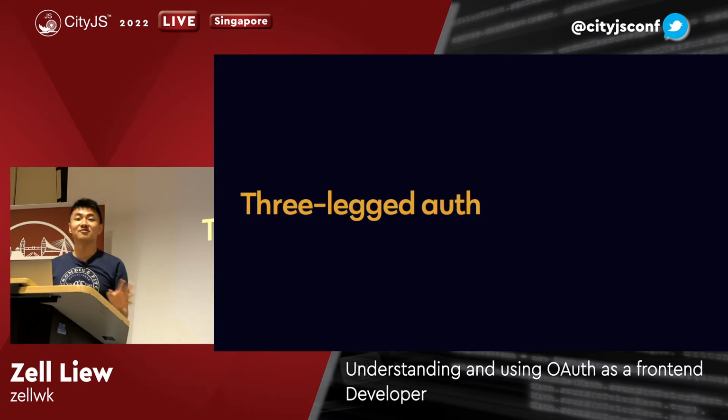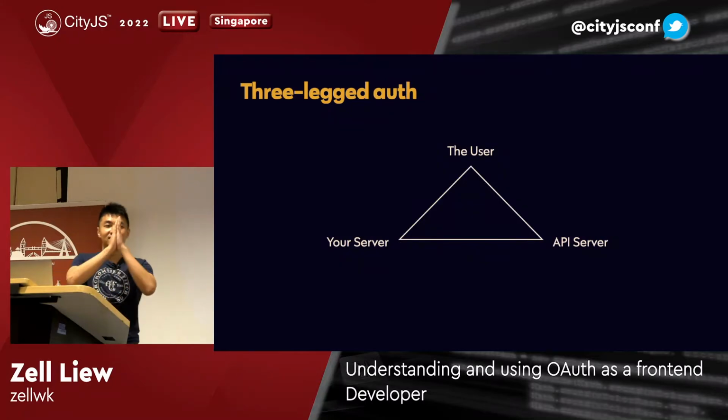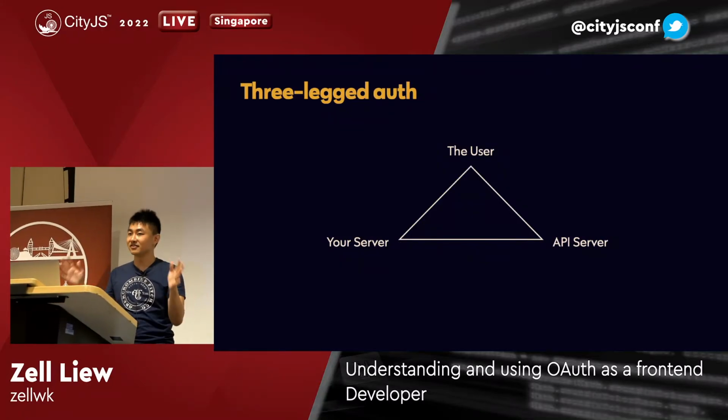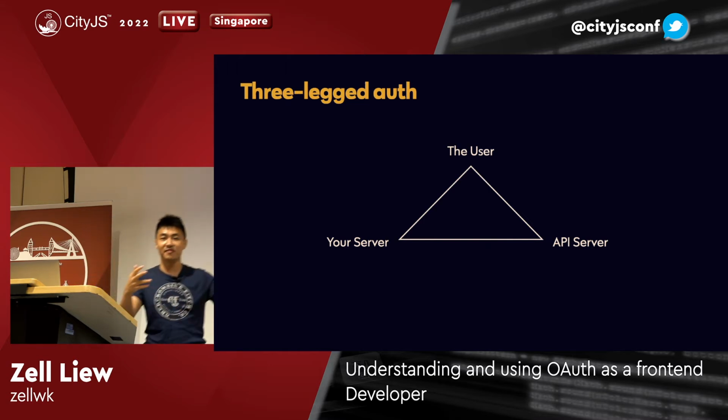The story changes a little bit if you start doing three-legged auth. Three-legged auth meaning there are three parties to the equation, three interactions. There's the user, there's your server, and then there's the API server.